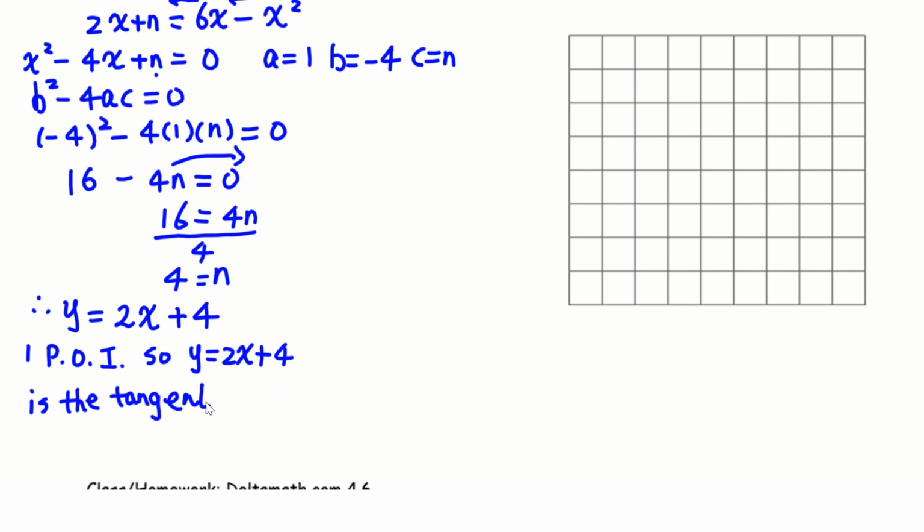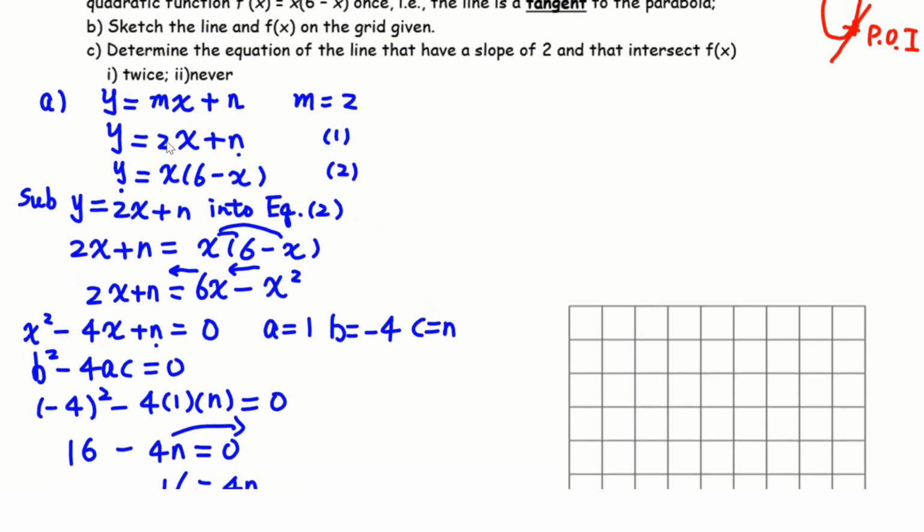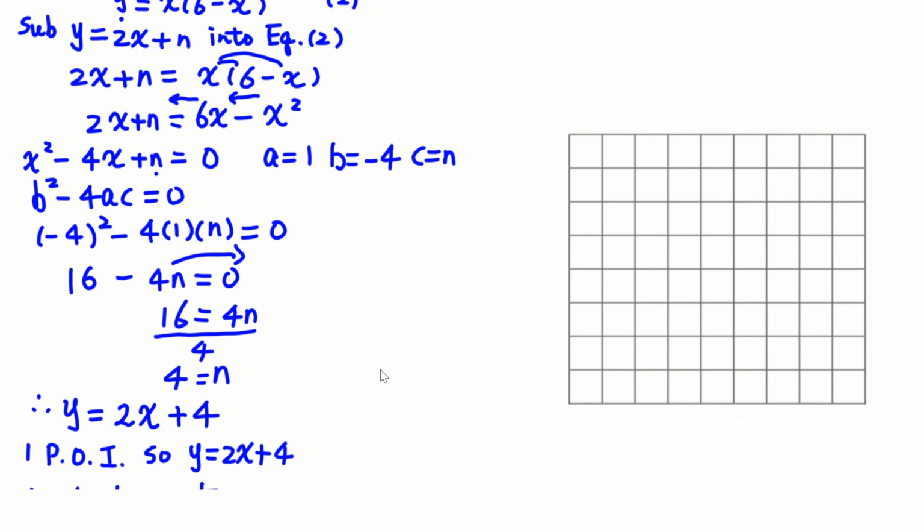Then question B asks you to graph it. So we are going to graph the line and also f of x on the grid given. So this is the x-axis, and for the y-axis, we are going to graph here.